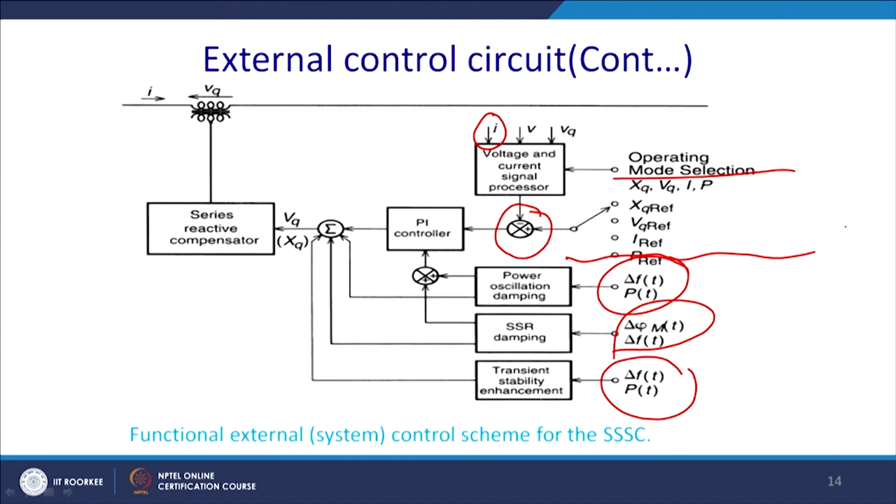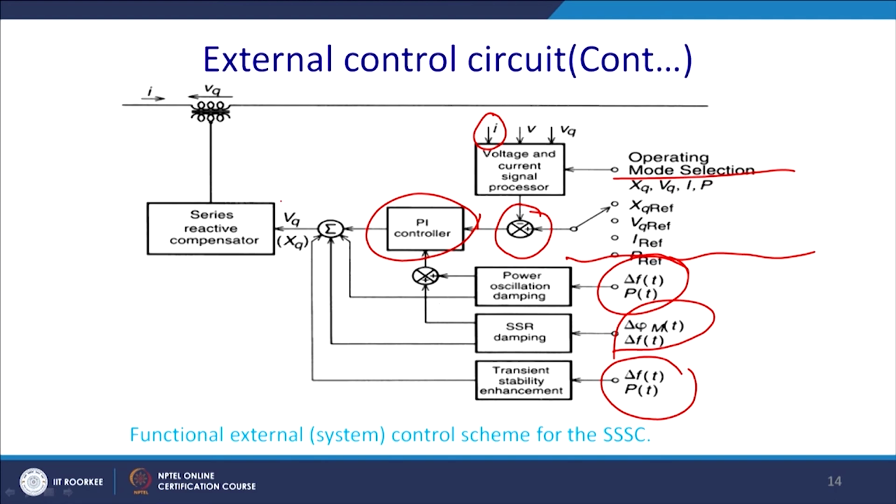Thereafter, we will feed it to the PI controller, and from there we have a measured value of VQ or XQ, and that will insert the series impedance or the series voltage into the system.